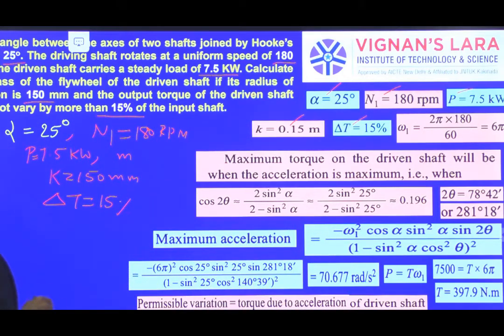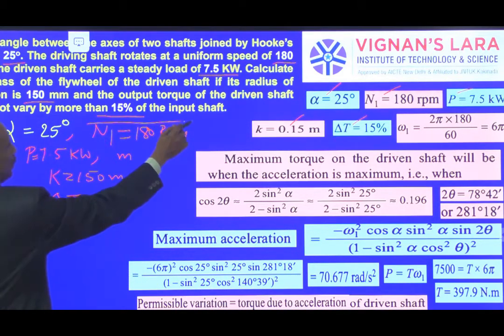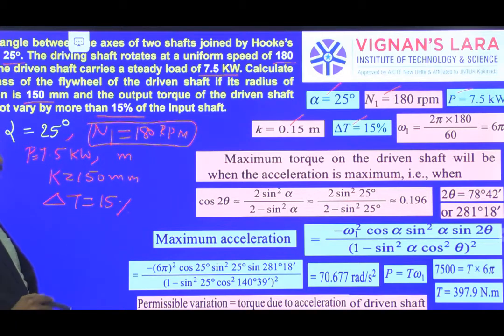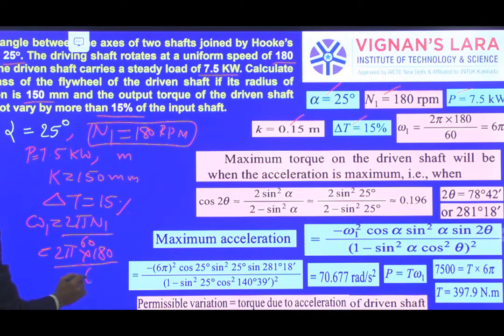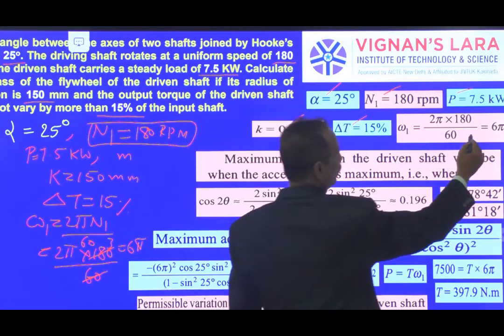So n1 is given, then omega 1 can be calculated. Omega 1 is equal to 2 pi n1 by 60, that is 2 pi times 180 by 60, which is 6 pi.